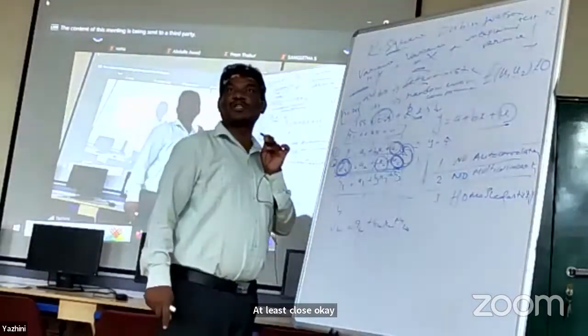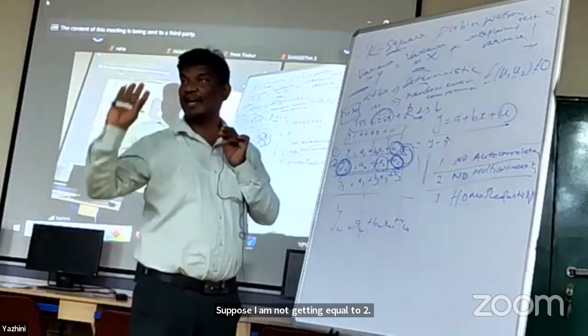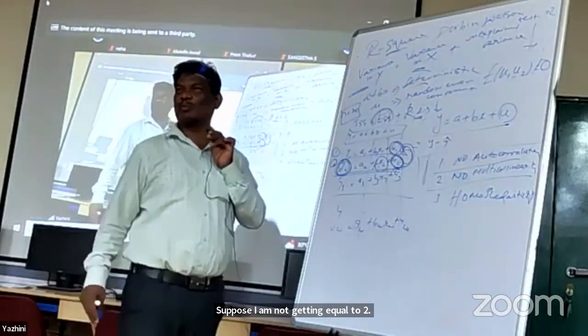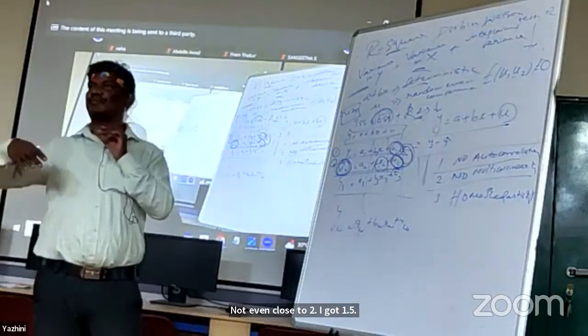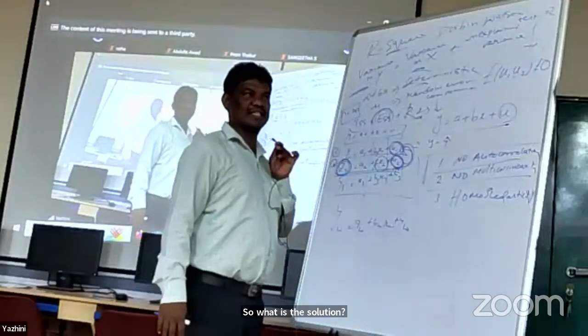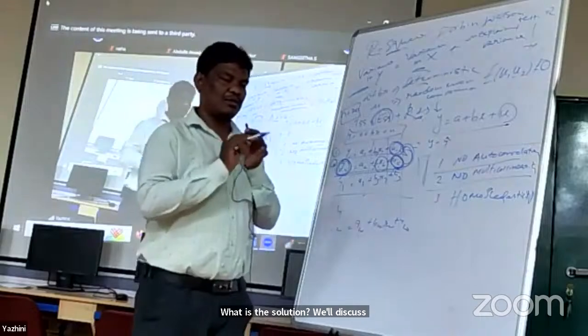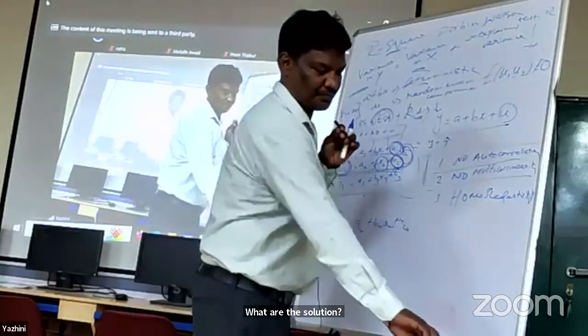Sir, suppose I am not getting 2, not even close to 2. I got 1.5 or 1.6. So what is the solution? We'll discuss what the solution is.